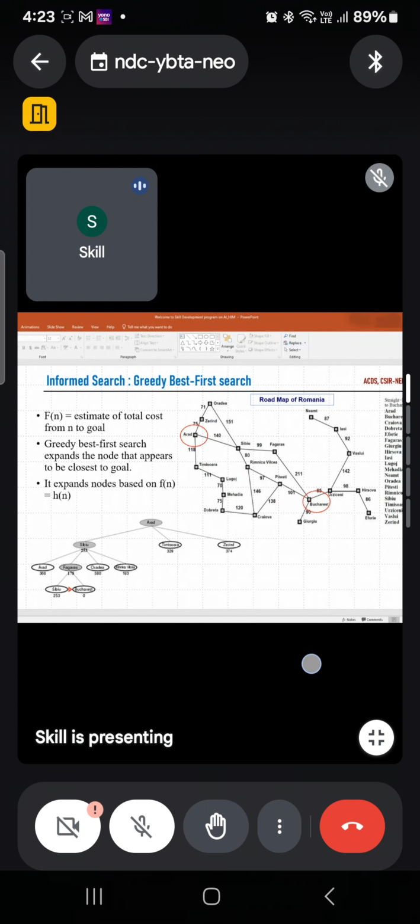These distances from various places are already given. So it will be your heuristic function h(n), and we can also denote it as f(n) equals h(n), the estimate of total cost from n to goal.